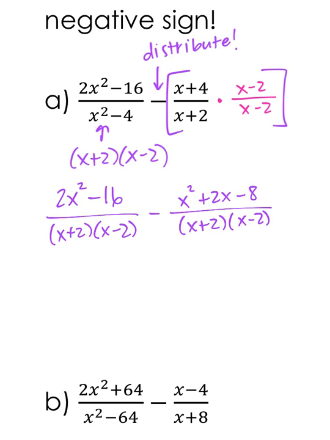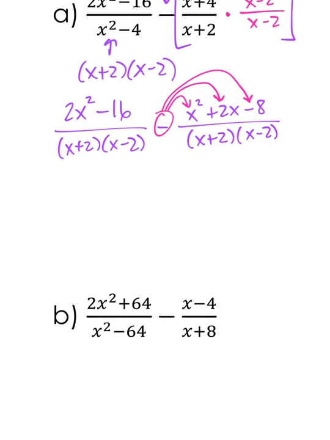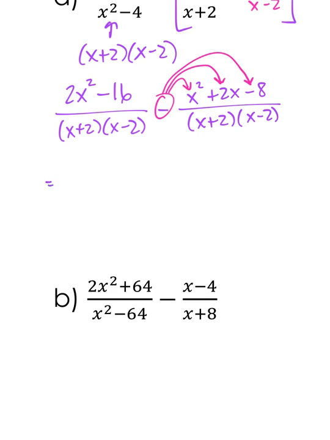All right, so I'm going to take this, distribute it in 3 places because there are 3 terms. So when I write this, I've got my 2x squared minus 16 minus x squared minus 2x plus 8.